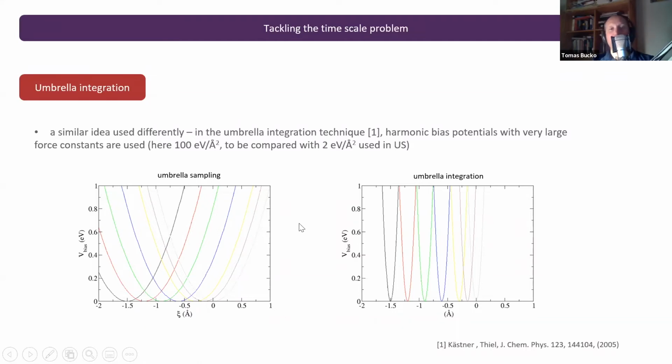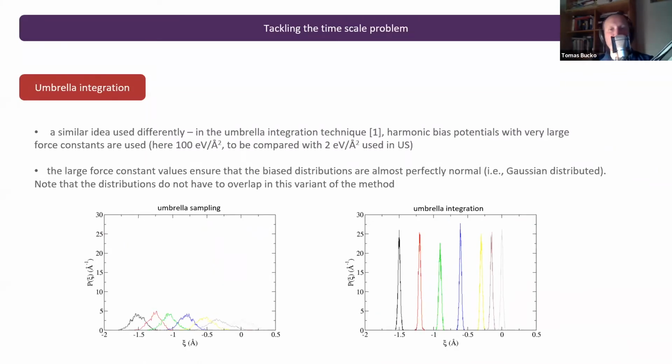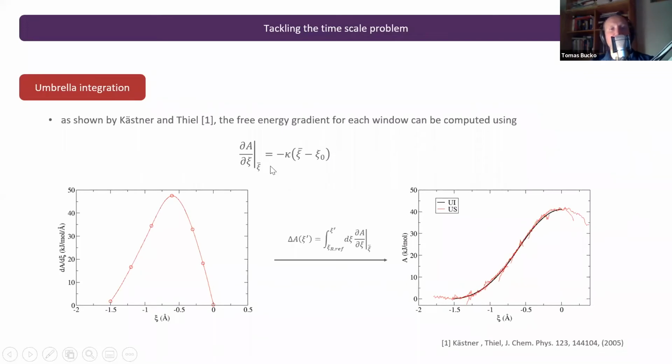This is important because we want to generate biased probability distributions that are as close to normal as possible, Gaussian distributed, and this can be ensured by using large force constants. Notice that unlike in umbrella sampling, in umbrella integration we don't need overlapping distributions. That's because in this method, we don't try to reconstruct free energy in that way.